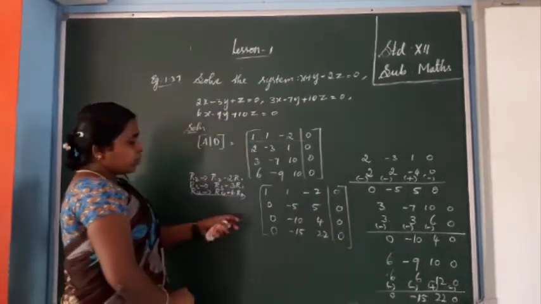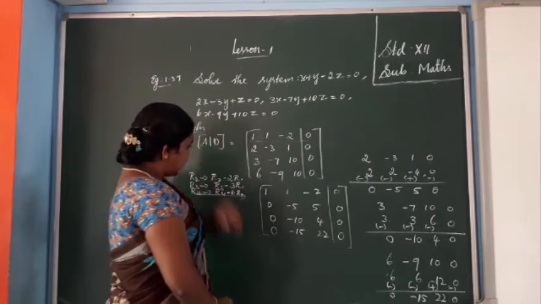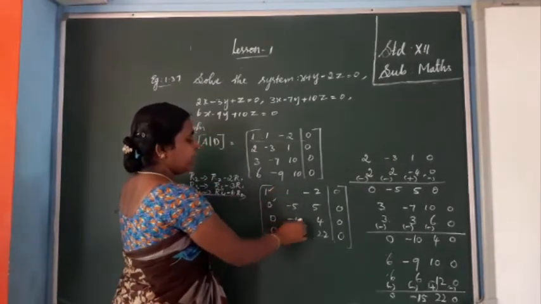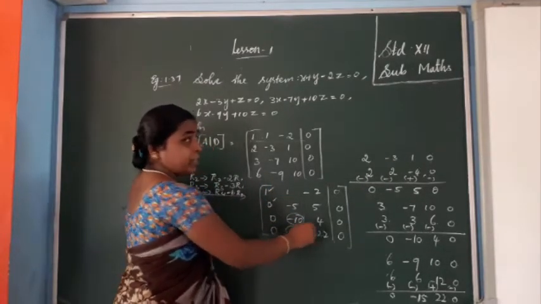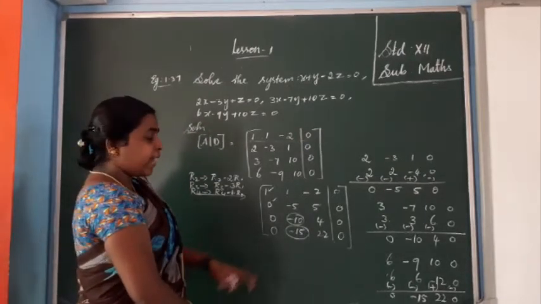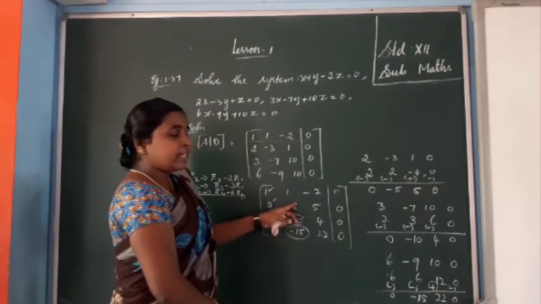Now the first column is over. We need 1 here, and we need 0 here and here also. So you have to eliminate minus 10 and minus 15 using the second row.